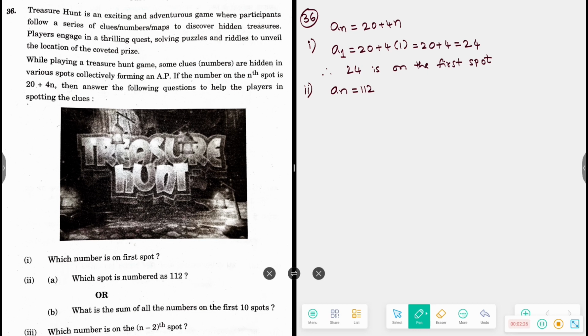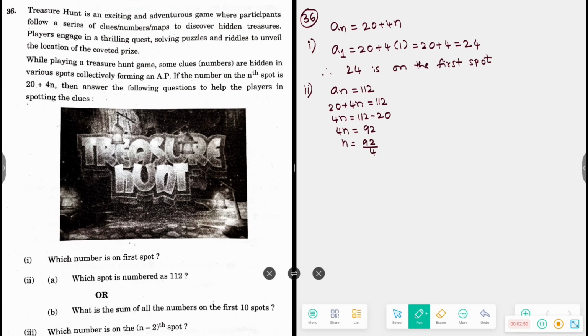We already know an is 20 plus 4n, so we should equate 20 plus 4n to 112. Then 4n is equal to 112 minus 20, that is 4n is equal to 92. Then n is equal to 92 by 4.